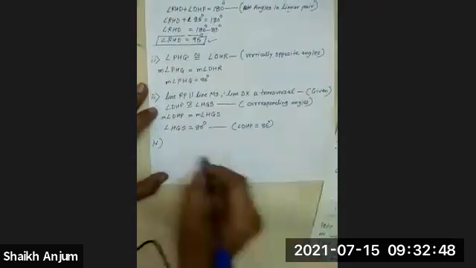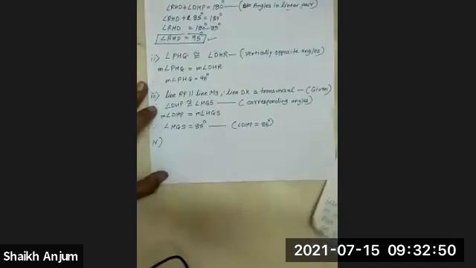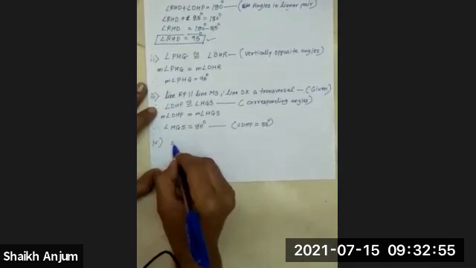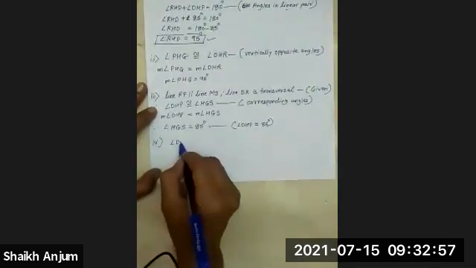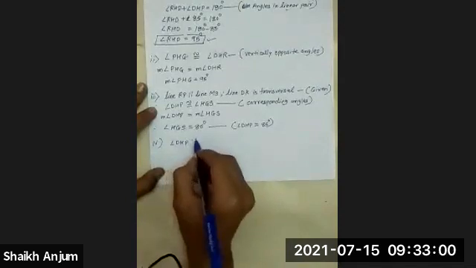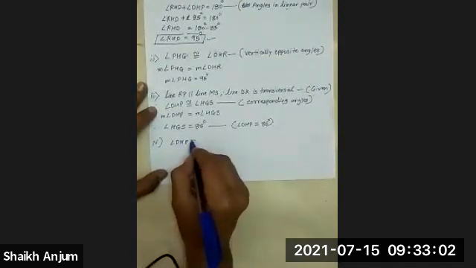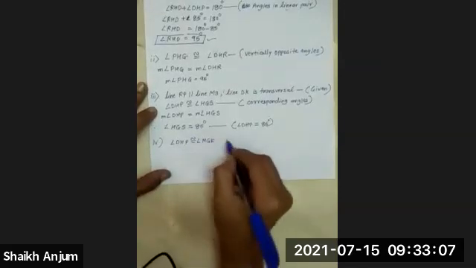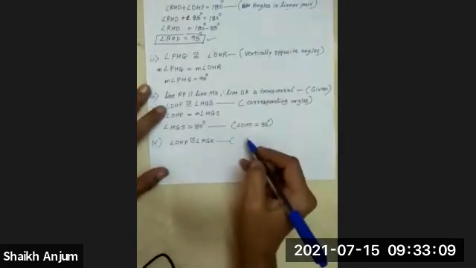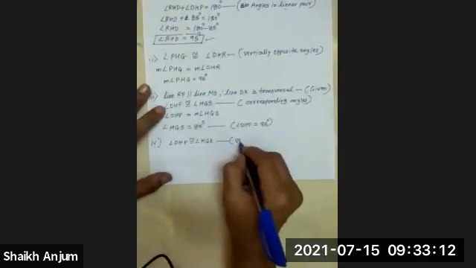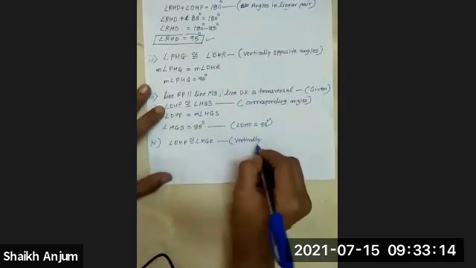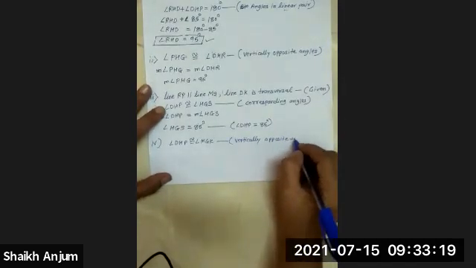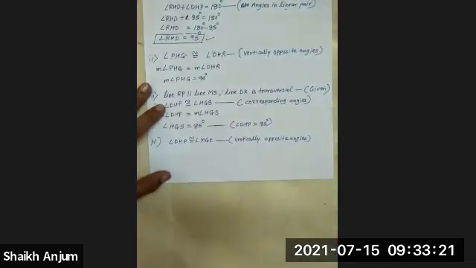So here I will write that angle DHP is congruent with angle MGK because vertically opposite angles.